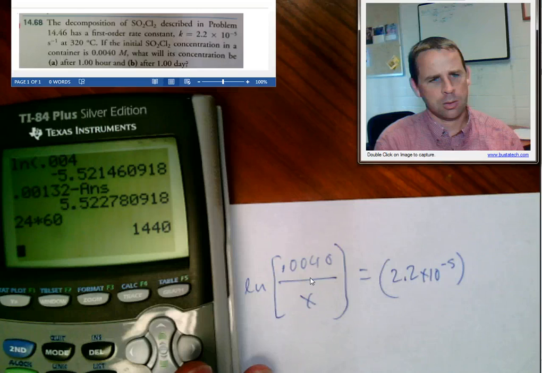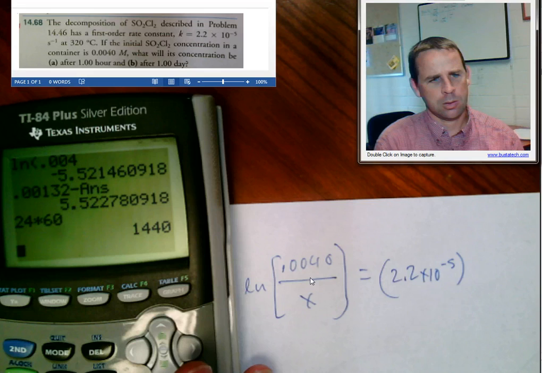5184000 times 2.2 times 10 to the minus 5. Alright, and this is going to break down: natural log of 0.004 minus natural log of x equals 2.35 times 10 to the 11.